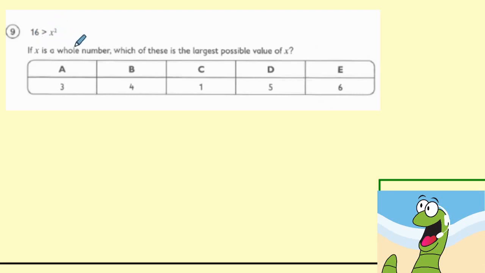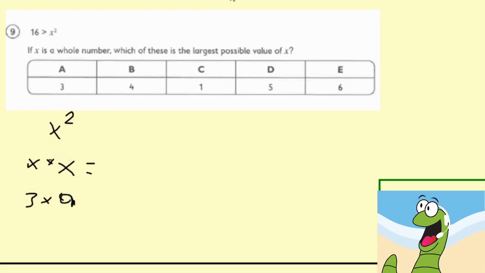If x is a whole number, which is the largest possible value of x? Don't forget, when we have x squared, we multiply the number x times x. So let's have a look. 3 times 3 is 9.